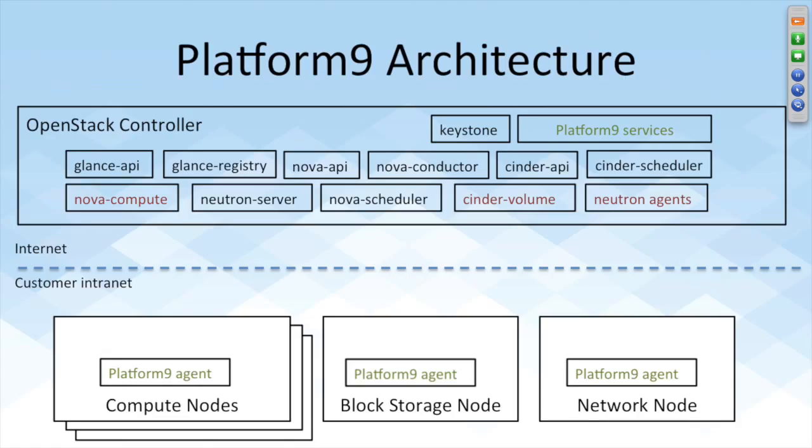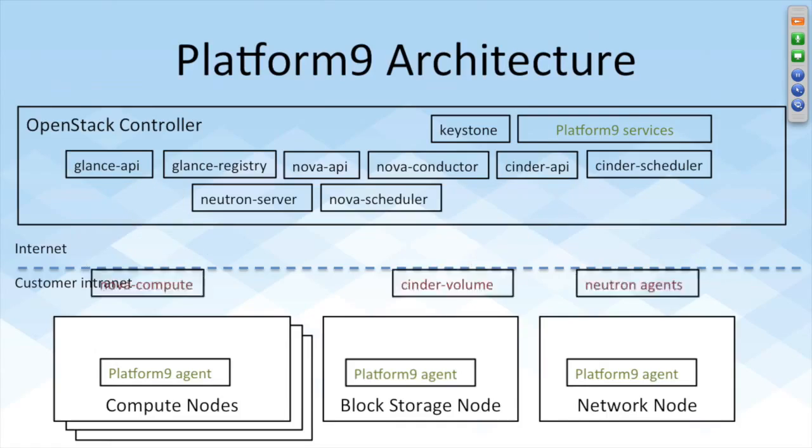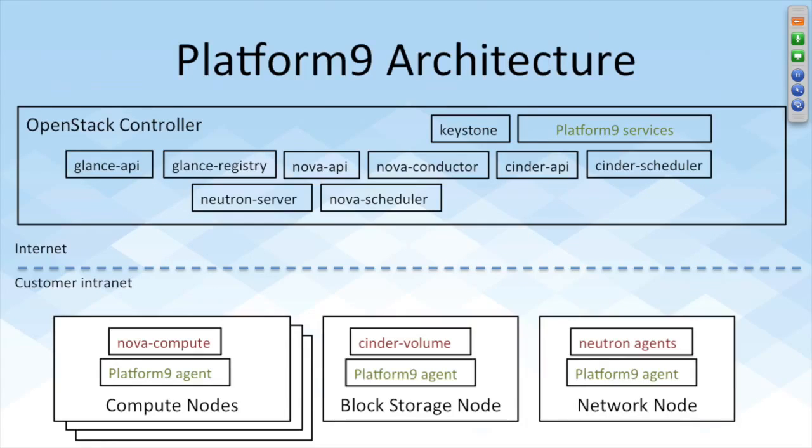Once those agents are installed, the customer specifies for each node what role it's going to play in this cloud. For example, is it going to serve as a compute node or maybe a block storage node, etc. Once that selection is made, the Platform 9 OpenStack controller will then deploy the correct OpenStack agents onto each of those machines, and then establish communications between those agents and their manager components that run in the controller.